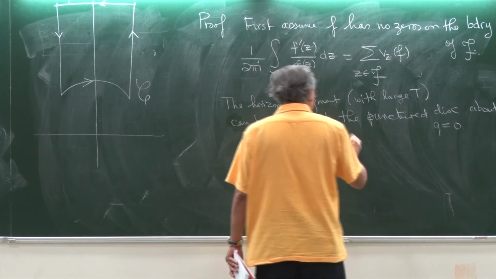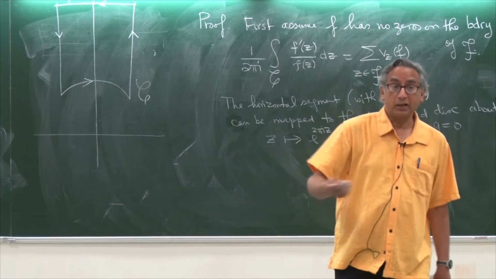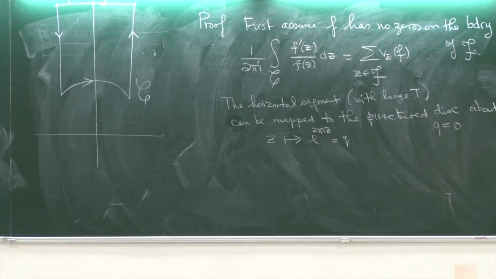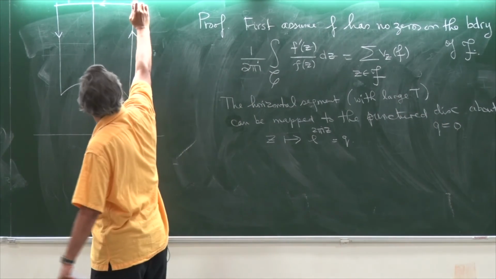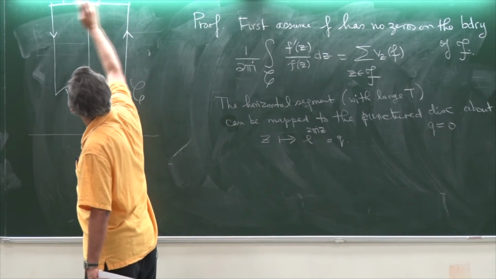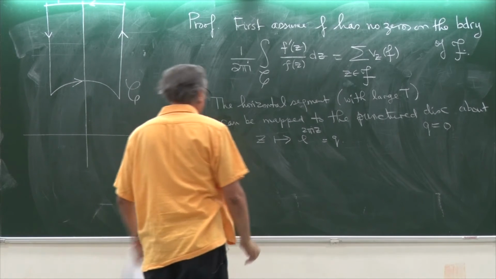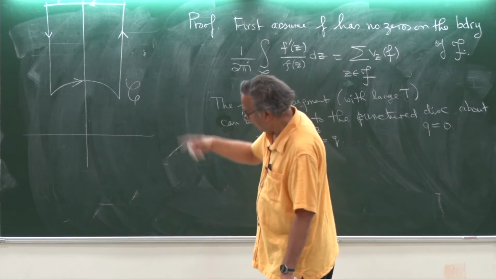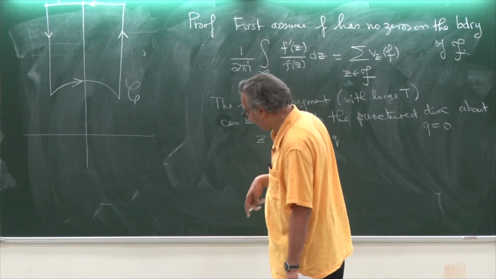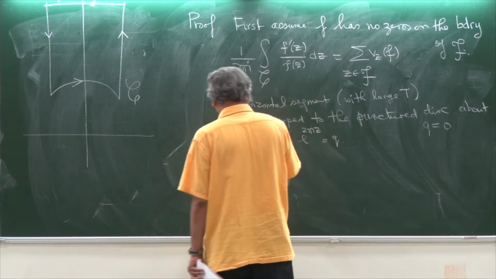So this is the trick that I'm using to study the behavior of the function at infinity. You keep using this map q, and so when I'm moving from this point to this point in this direction, you will see that it moves in the counterclockwise direction.